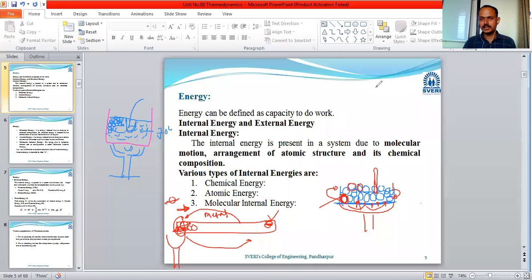I will take attendance. We have finished our time. In the next lecture, we will see external energy types. So in external energy, we have potential energy and kinetic energy. That total energy is again the addition of the internal energy and the external energy.